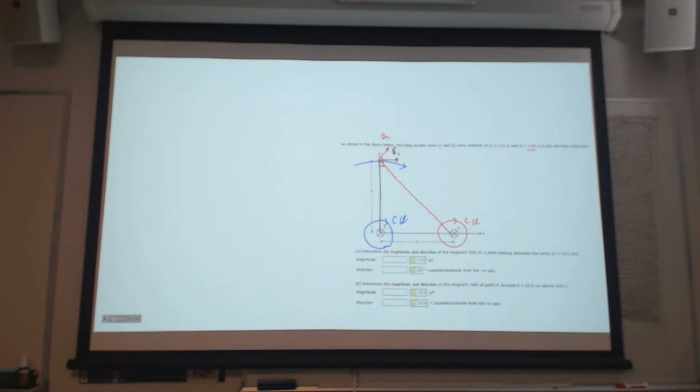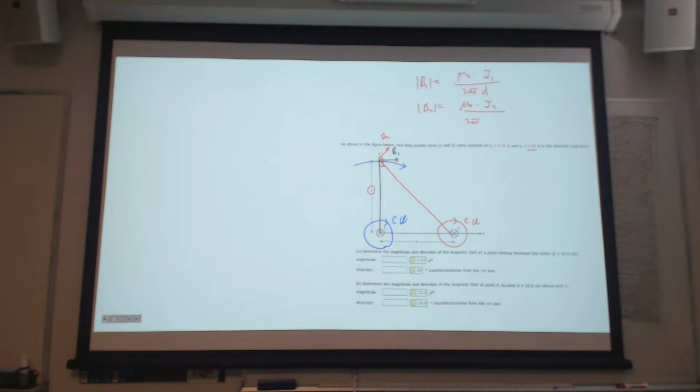So, at first, of course, we need to calculate the magnitude. B1 equals mu naught over 2 pi d times current number 1, and you did that probably. Here, we should use a different current and a different distance.